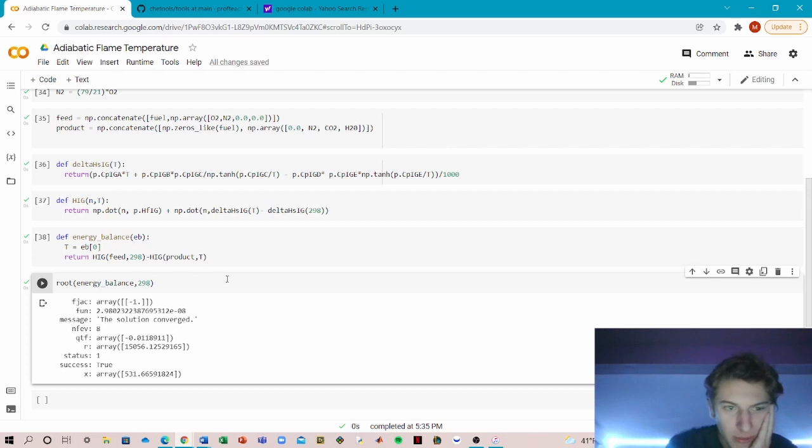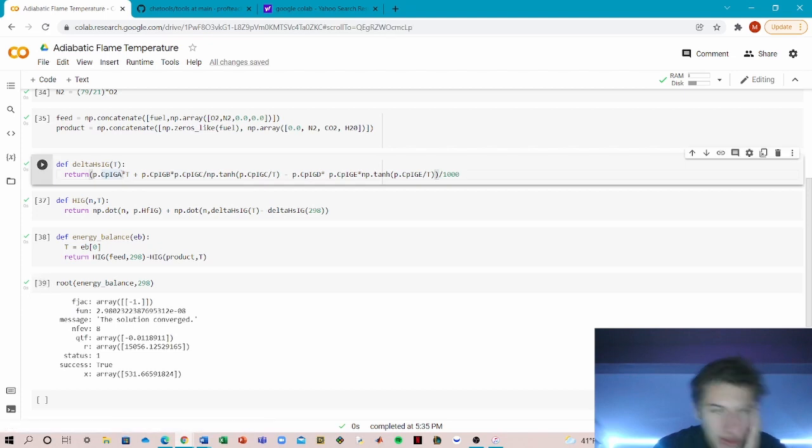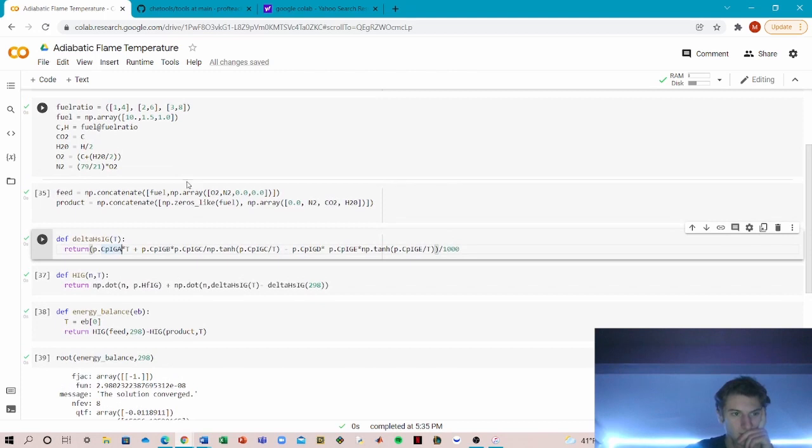Gonna read through it, make sure I have all the parentheses in the right places. Might add some spaces here just to help organize it better. Make sure that there's nothing wrong with these.